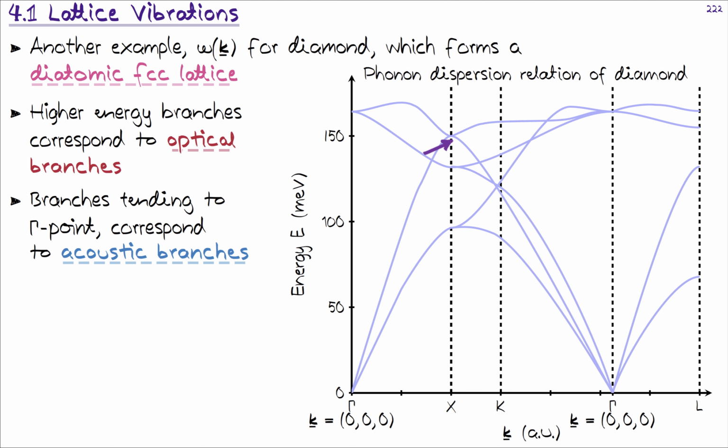And now with the diamond, we're seeing that we are easily going above 70 milli-electron volts, even when we are dealing with the acoustic branches and their highest values. So for aluminum, the highest value of the acoustic branch would be somewhere here on the y-axis, but with diamond, we're actually going to considerably higher energies.